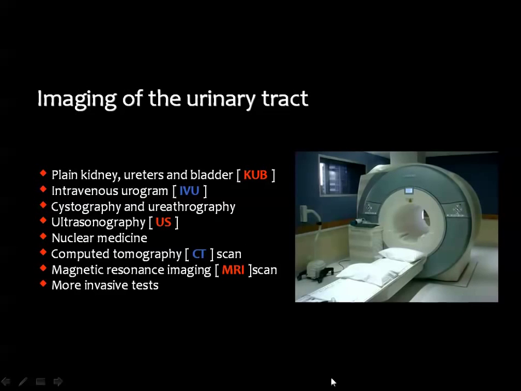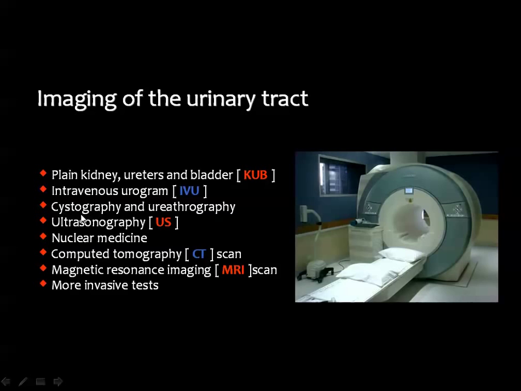Starting evaluation of the urinary system, I have to say that we have a lot of imaging modalities in this particular domain, including the essential one, which is the plain X-ray of the urinary tract, known as plain UT or KUB, kidney ureter bladder, and the famous examination, which is intravenous urography.